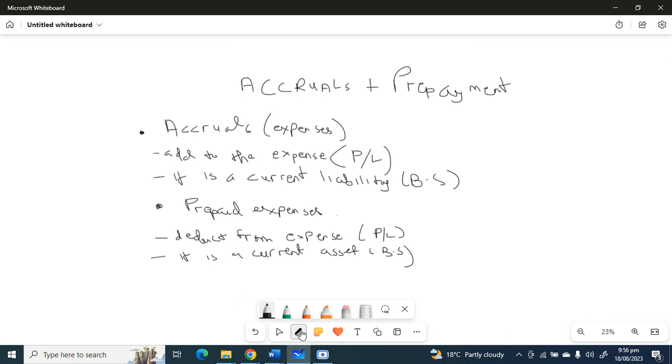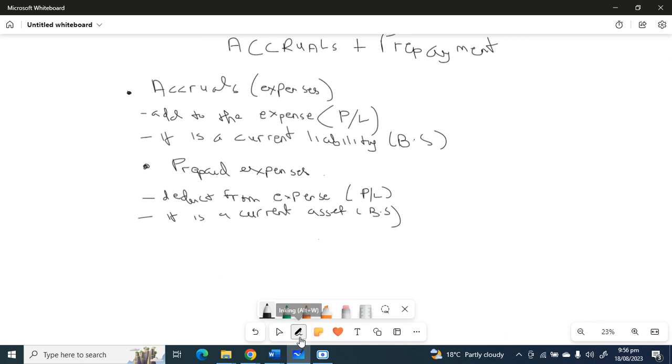And the journal entry for an accrued expense, very important to know this. So here's debit, credit.